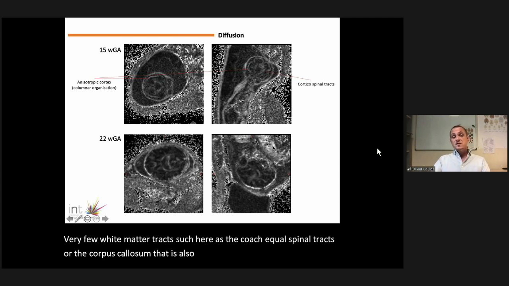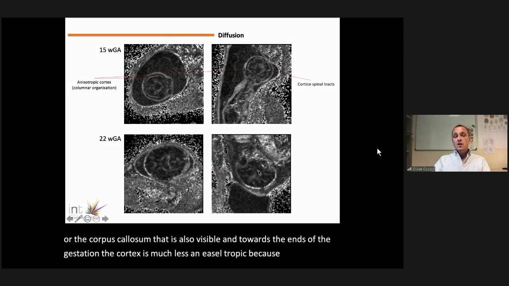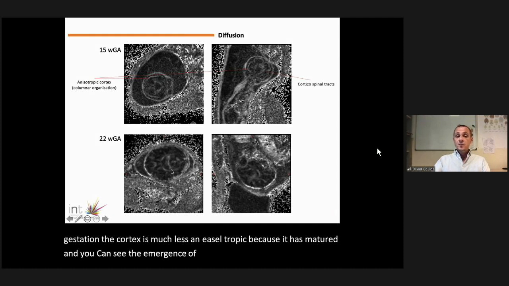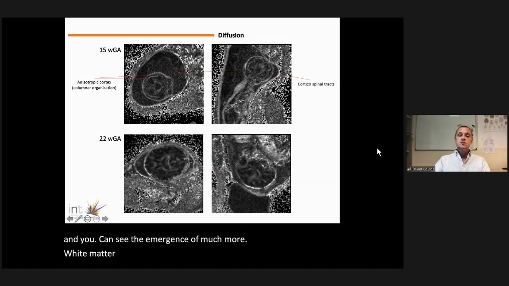And towards the end of the gestation, the cortex is much less anisotropic because it has matured, and you can see the emergence of many more white matter tracts visible with fractional anisotropy.